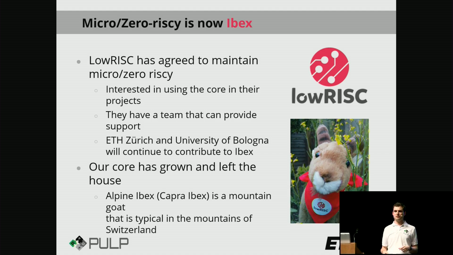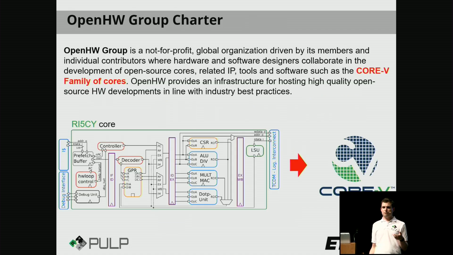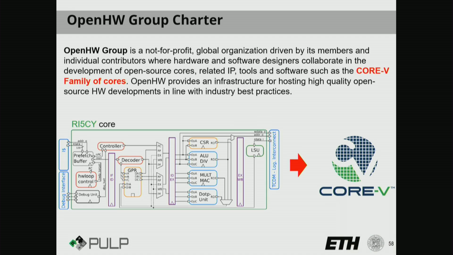And of course, we need a small mascot for that, but our cores grow, and at some point they have to leave the house. Furthermore, quite a few players from academia and industry have teamed up to create the nonprofit Open Hardware Group, which is basically a consortium that aims to provide a family of open source cores called CORE-V.